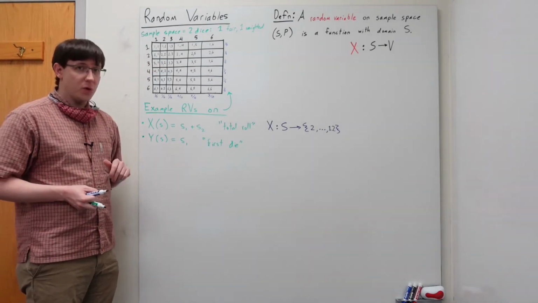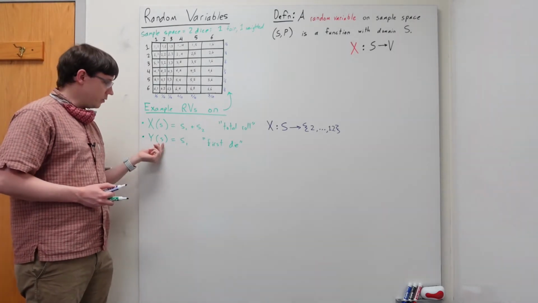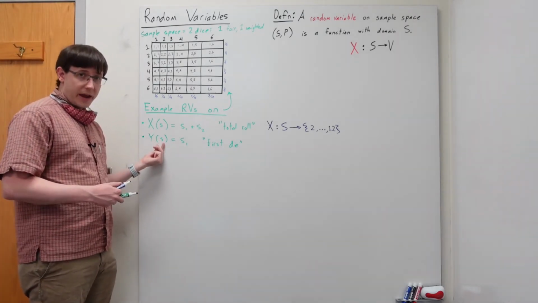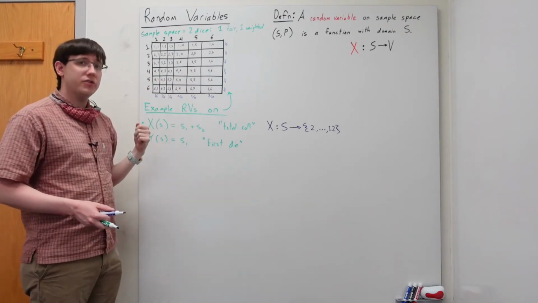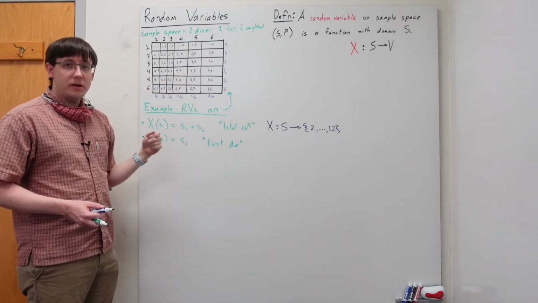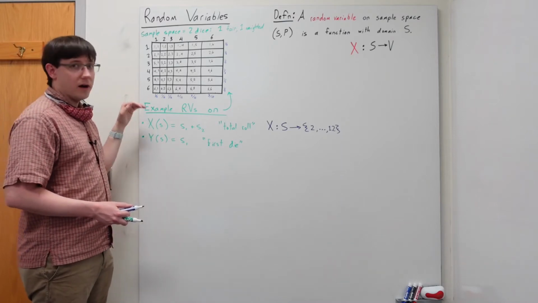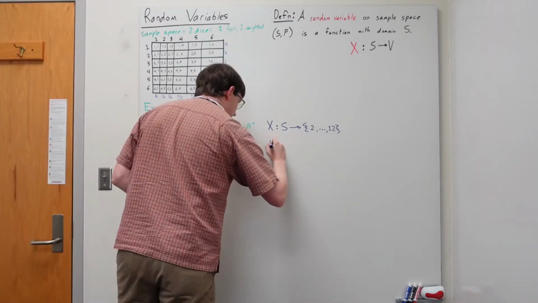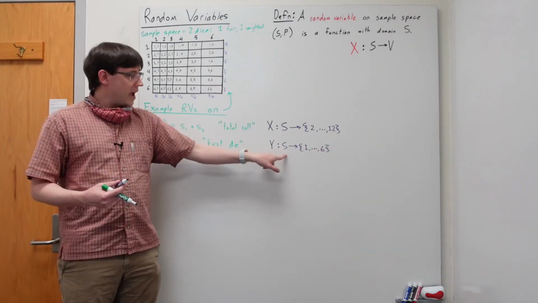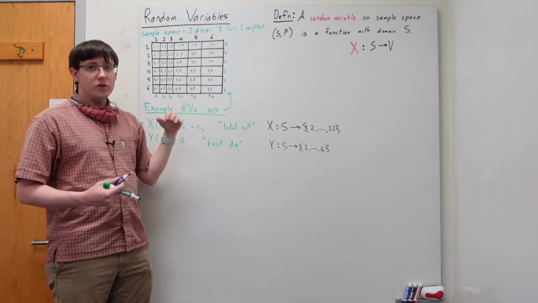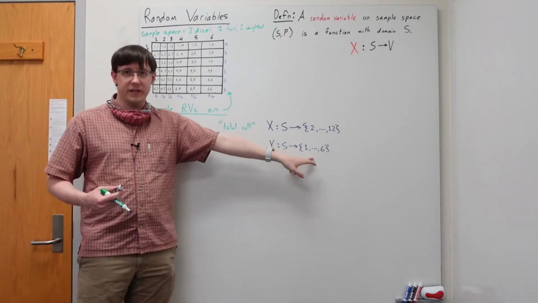Another random variable we could define would be to take for any pair that is one of the outcomes, just the first element of that pair, namely the value on the first die. So this random variable maps our outcomes to integers between 1 and 6.